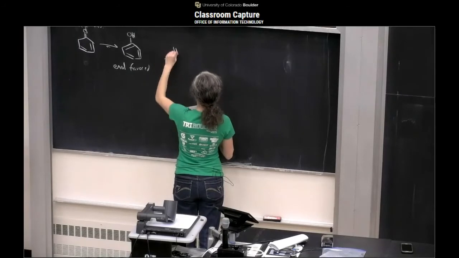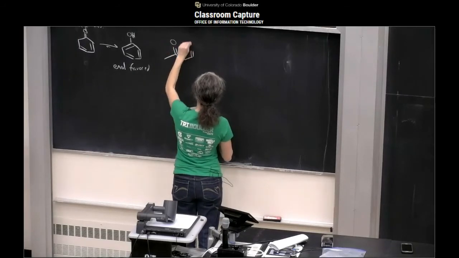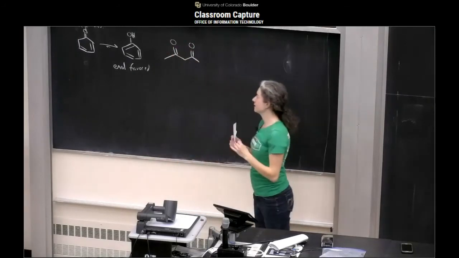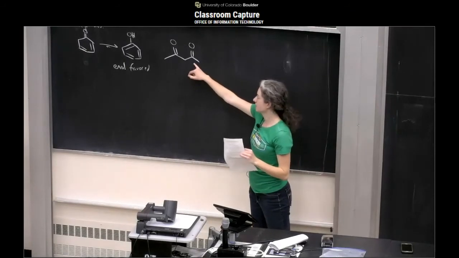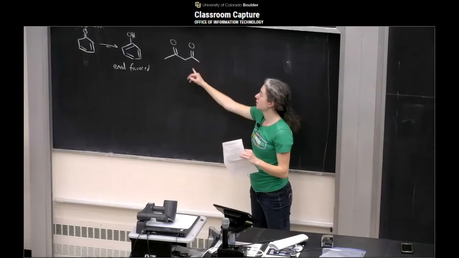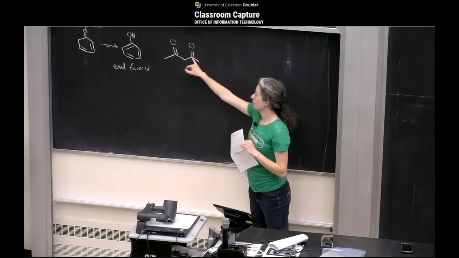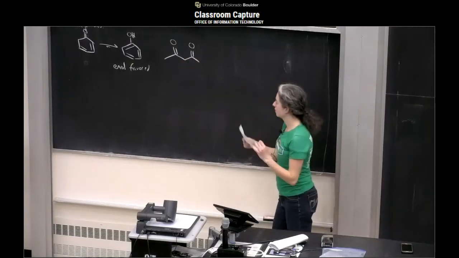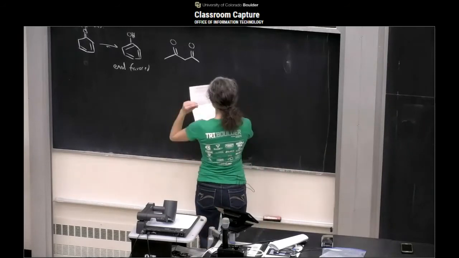Or, as it turns out, if you have one of these beta dicarbonyl things, we've seen some specific types of these, like beta keto acids, which do decarboxylation, but this is going to be the case for any kind of beta dicarbonyl form.